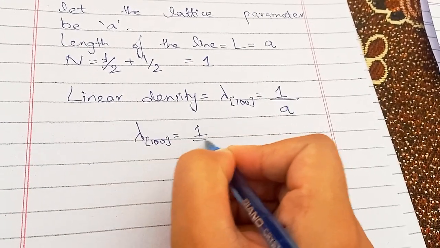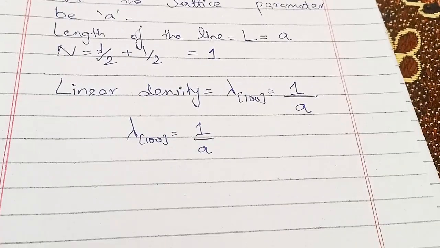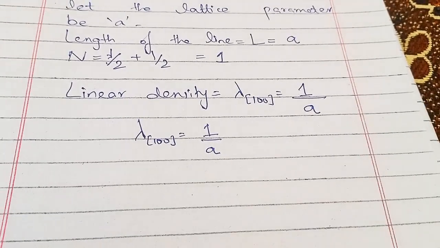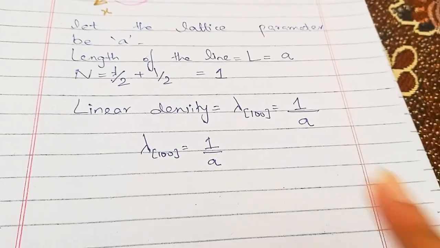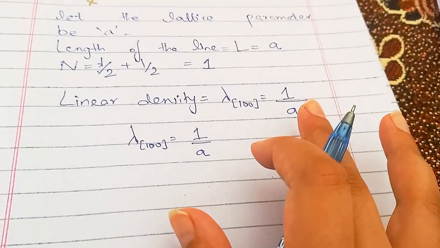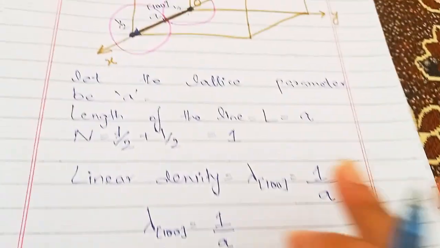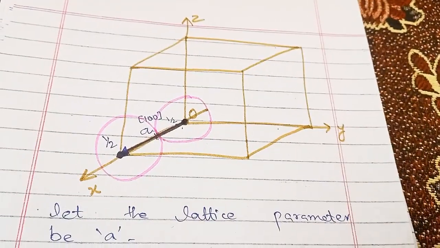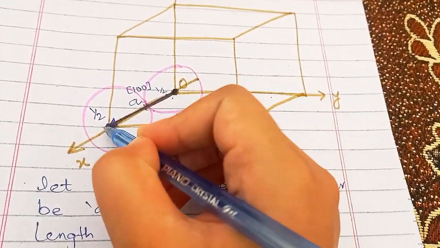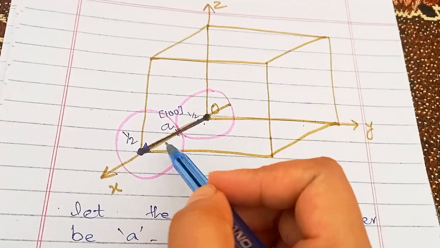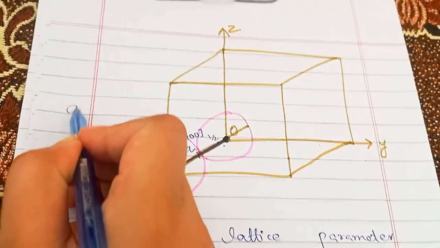If you want to calculate the linear density in terms of atomic radius of the atoms making up the simple cubic unit cell, then you can use the relation between a and atomic radius for simple cubic structures, which is always true for simple cubic structures. Here you can see this whole length is a. You can easily find out the relationship between the lattice parameter and the atomic radius.